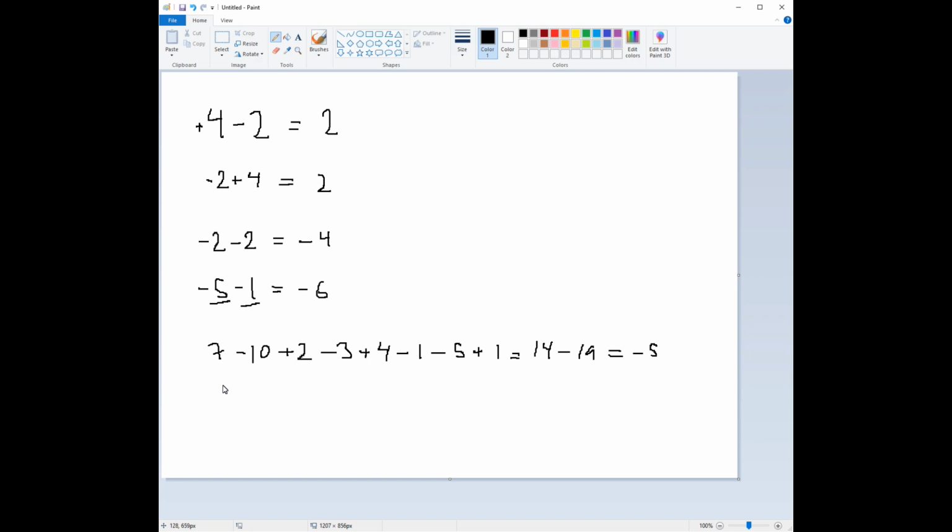You could also just read it left to right. You can say, okay, 7, that's 7 positive, minus 10, so I'm now 3 in the negative, plus 2, so that means I'm 1 in the negative, minus 1, so that means I'm 2 in the negative, minus 4... plus 4, okay, now I'm 0, so far so good, minus 1, then minus 5, so 1 in the negative plus another 5 in the negative is 6 in the negative, and then plus 1, so that's 5 in the negative, or minus 5.